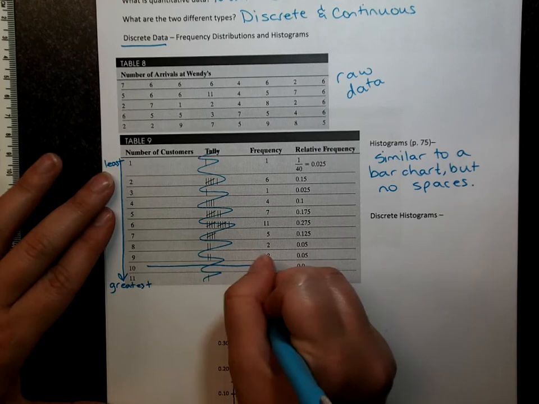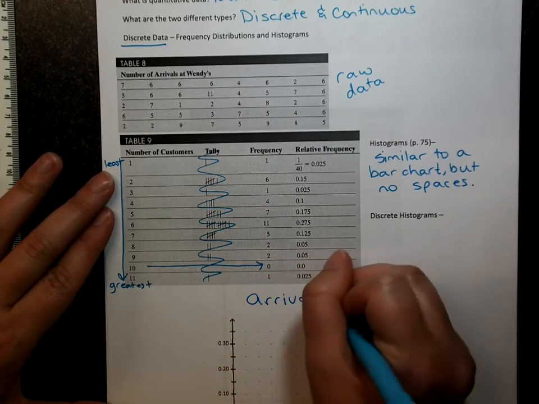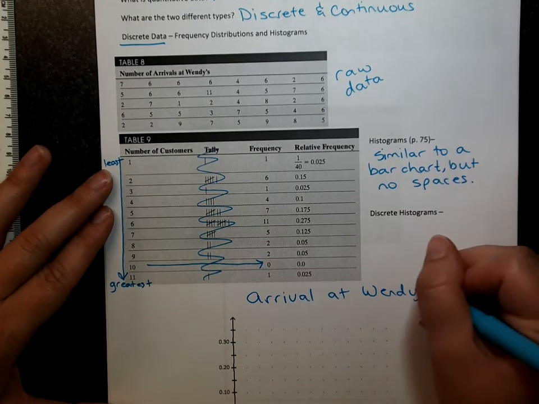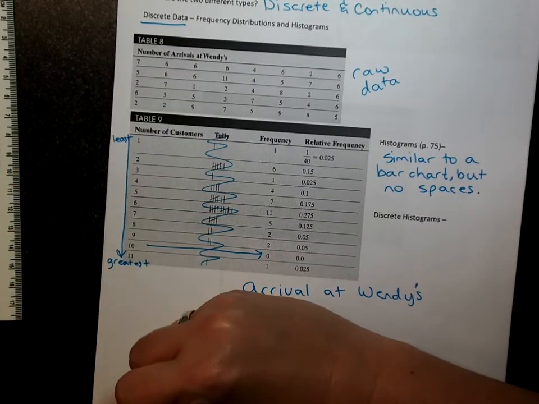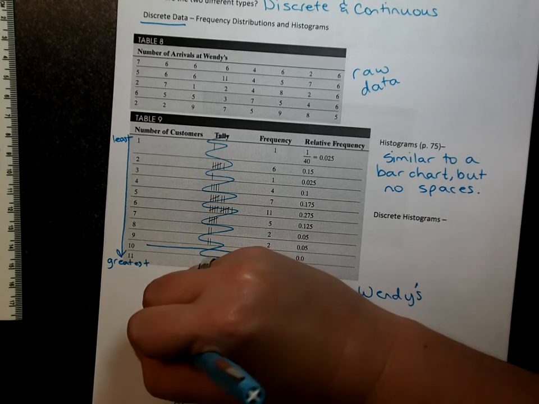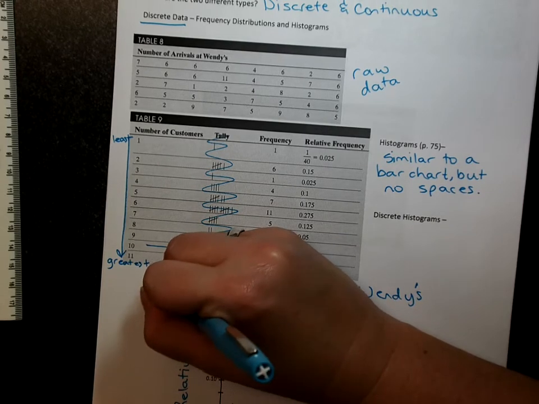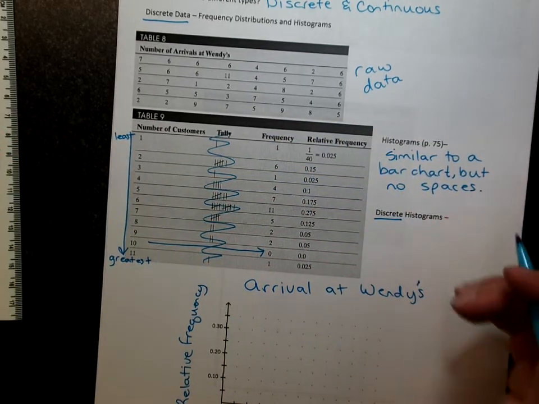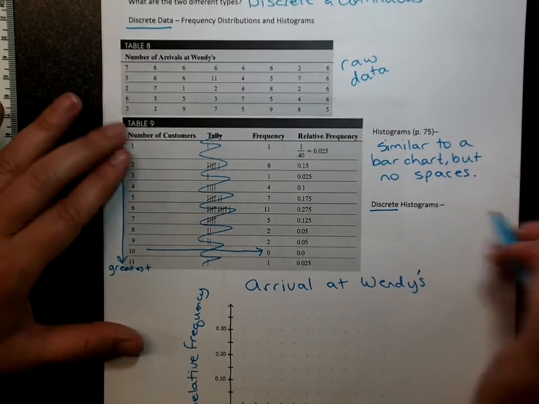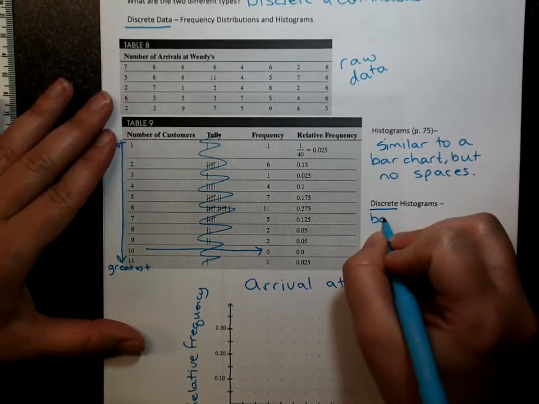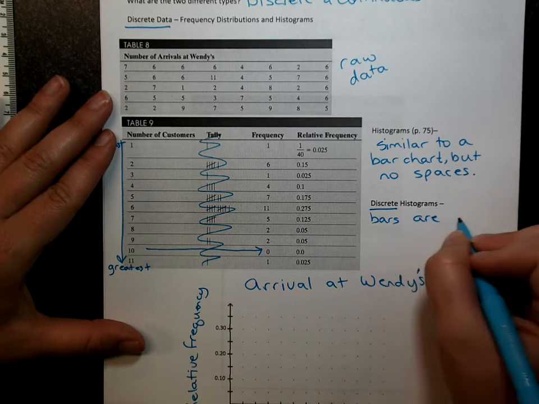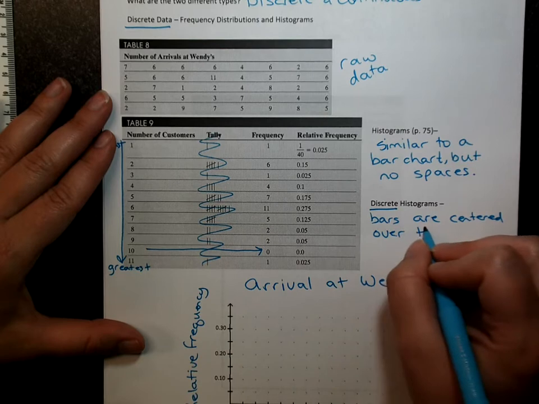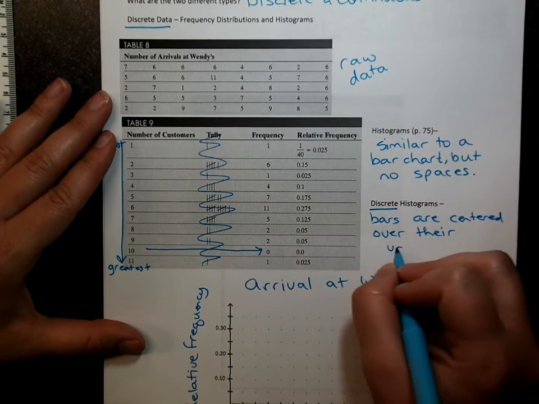So we are going to title this Arrival at Wendy's. We are going to use relative frequency here. And we're going to make what's called a discrete histogram. Now a discrete histogram, the bars are centered over their values.